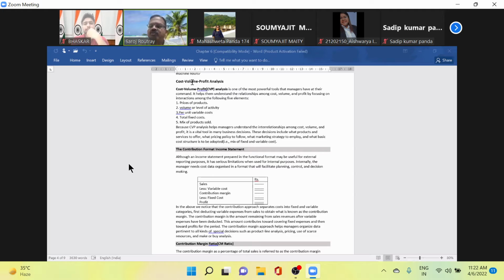If you want to know what impact any change in cost, price, or volume will have on our profit, we need to put those things in a different format.